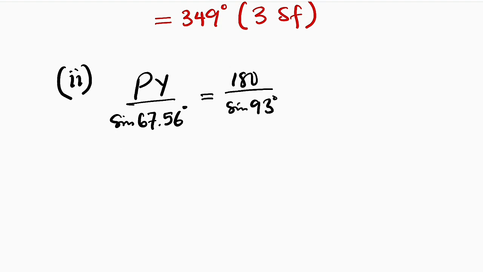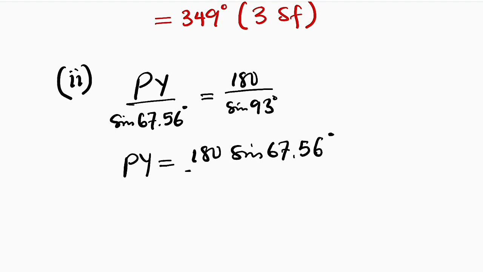Then we solve. By multiplying both sides by the denominator, we have PY equal to 180 times sine of 67.56 degrees divided by sine of 93 degrees. Press everything in your calculator.